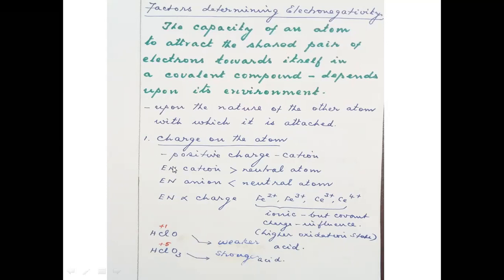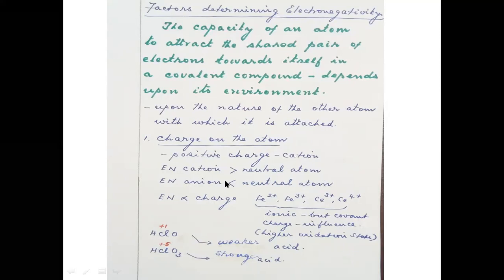See, if it is having a positive charge, a cation, the cation is already electron deficient because it has lost its electrons and has become positively charged. Hence, the cation of a particular element will have more electronegativity compared to the neutral atom itself.